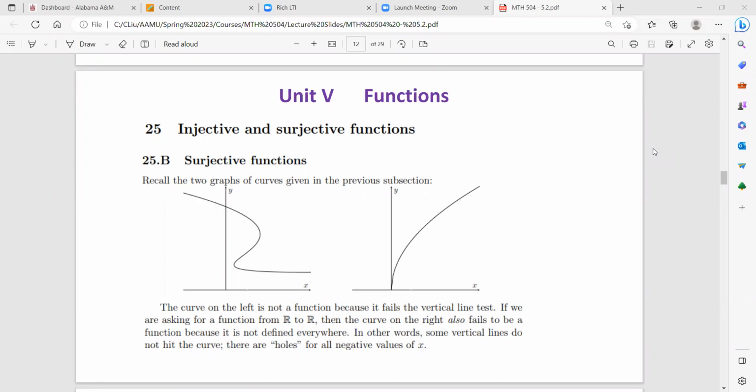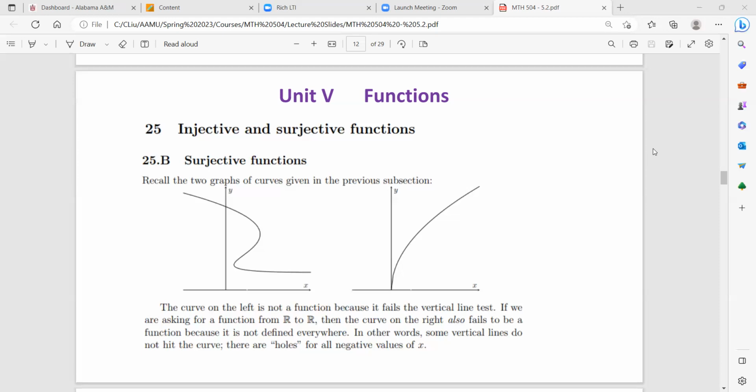That means you only have one first element for each second coordinate of the ordered pairs. So that means each element in the domain maps to a different element in the codomain.